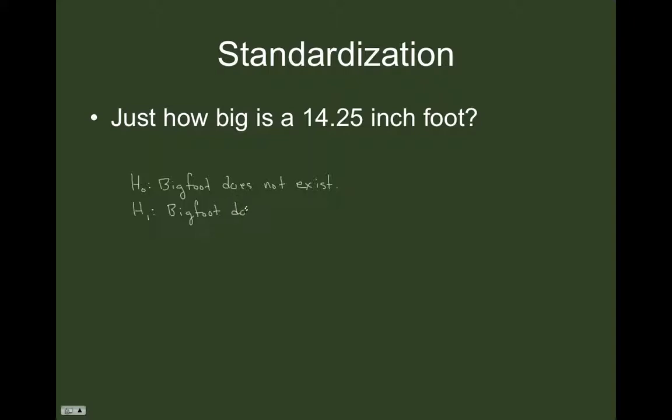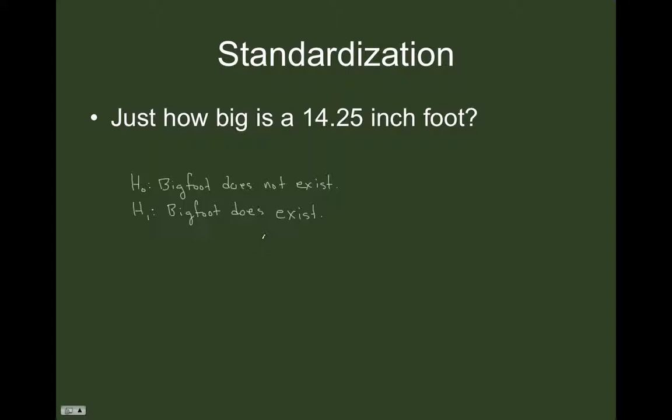And this is a natural statistical hypothesis because it's a dichotomy. One of these two things is true, the null or the alternate. And if one is true, they're mutually exclusive. It means the other one can't be true at the same time.